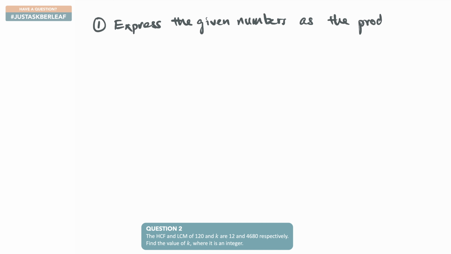So similarly, we start off with expressing the given numbers as the product of their prime factors. Right, we are referring to the numbers 120, 12, and 4680 since k is just an algebra.